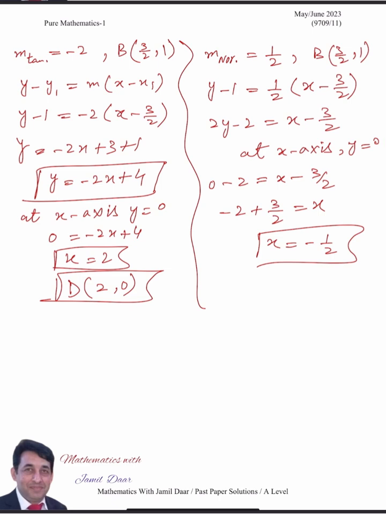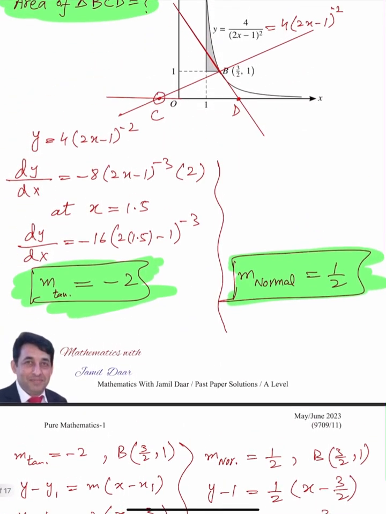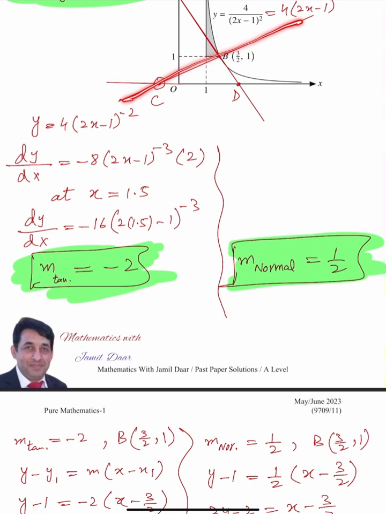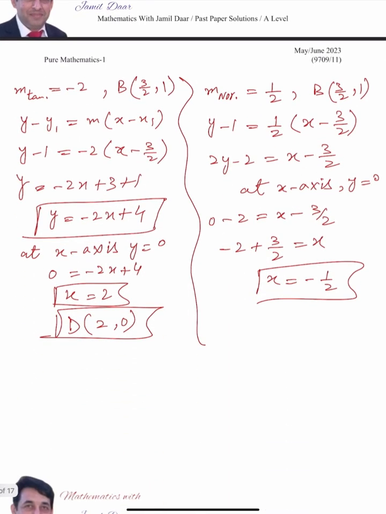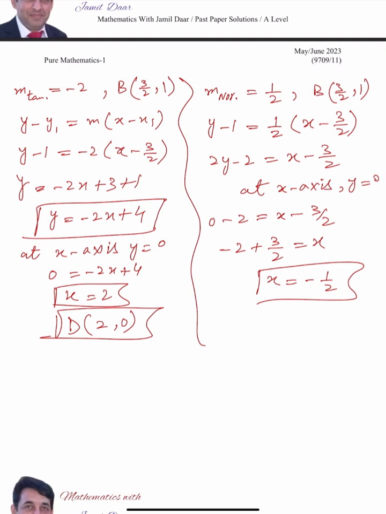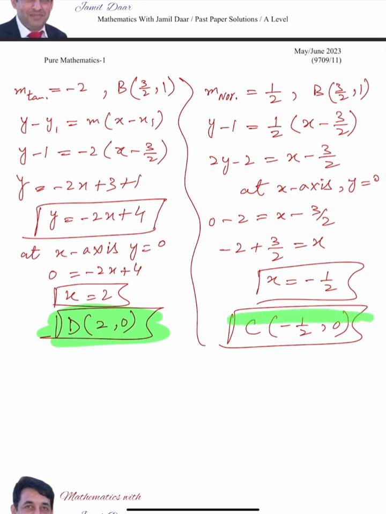So what are the coordinates of point C? This is the equation of normal intersecting at x. So C's coordinates are minus 1 by 2 and 0. So you found the coordinates of D, 2 0, and C, minus 1 by 2 0.